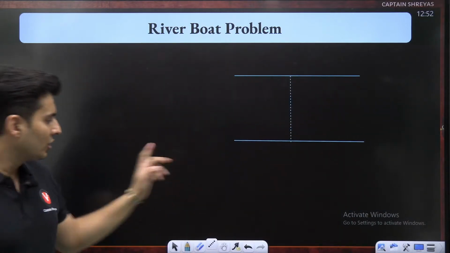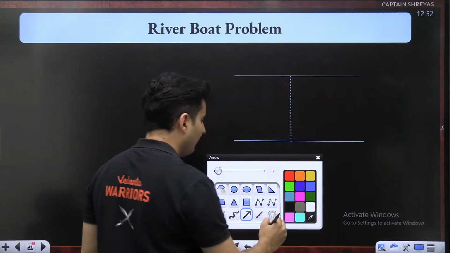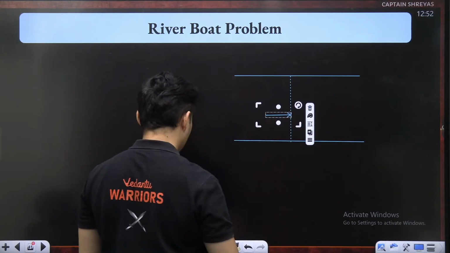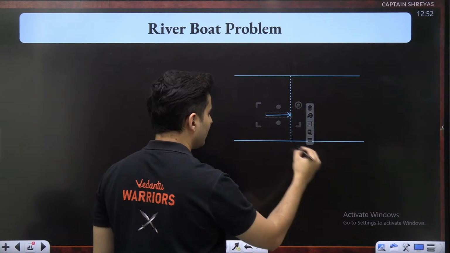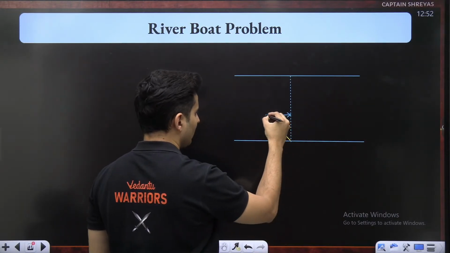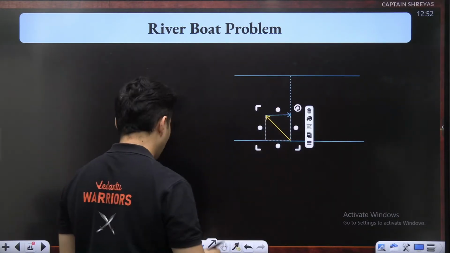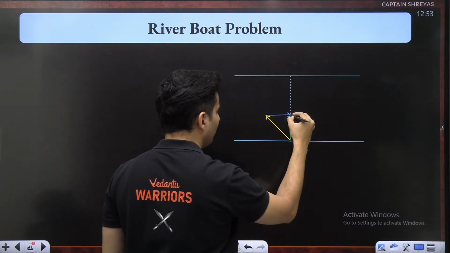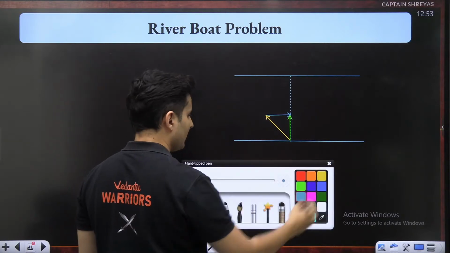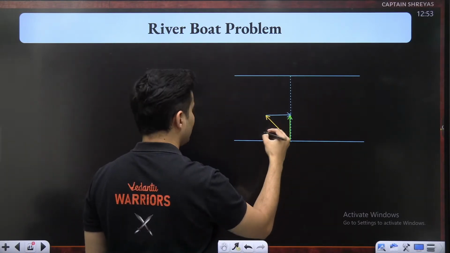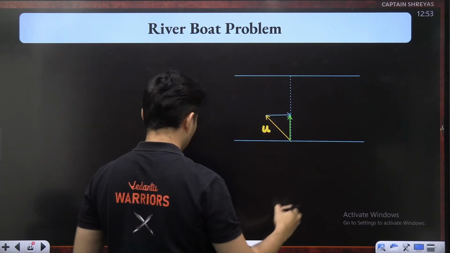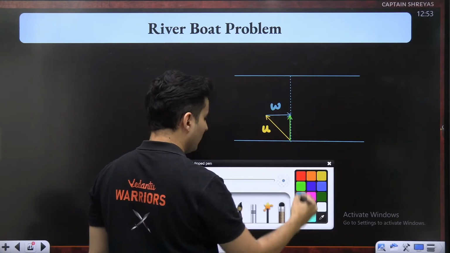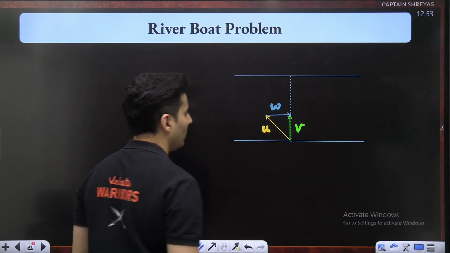Think about it. If I know that the river current is this much, which is W, and if I know I can swim at some velocity in this particular direction at this particular angle, I will get my resultant velocity over here. So this is basically your U, this is basically your W, and this is basically your resultant velocity.